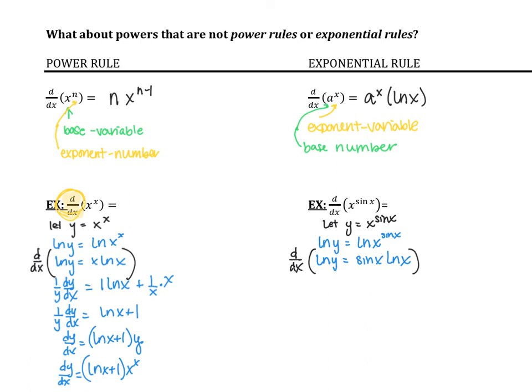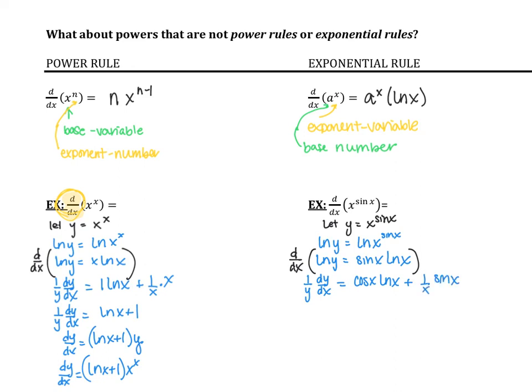When I do that, the derivative of the natural log of y is 1 over y, but it was with respect to x, so I've got to put dy dx in there. Then I've got a product rule again: the derivative of the first times the second plus the derivative of the second times the first.